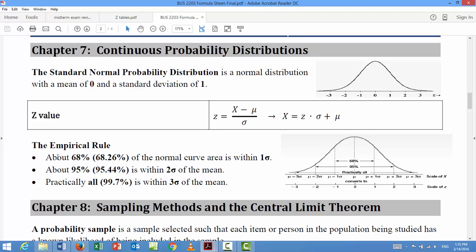And the empirical rule tells us if we have a normally distributed pool of data, 68% of the data will be between mu plus 1 sigma and mu minus 1 sigma. 95% will be between mu plus 2 sigma and mu minus 2 sigma. And almost all, 99.7%, will be between mu plus 3 sigma and mu minus 3 sigma.